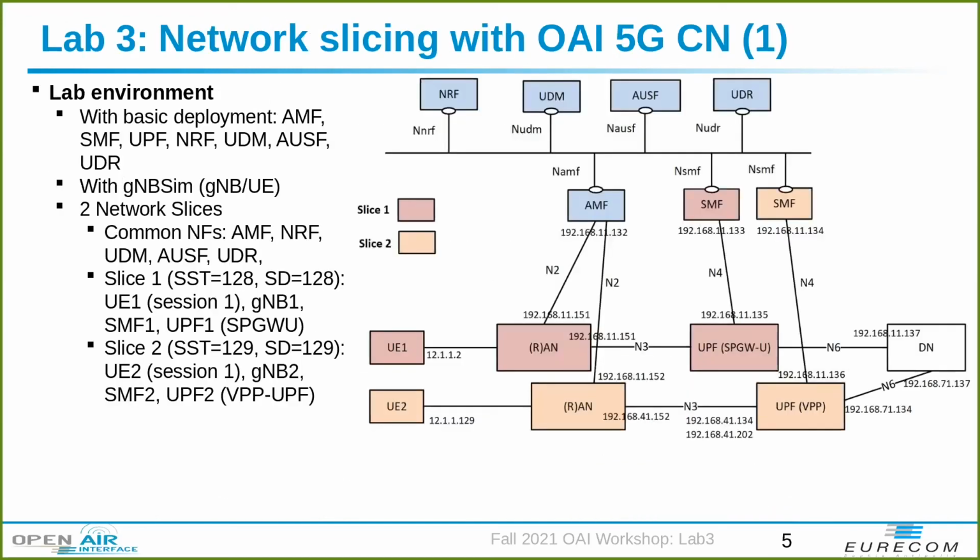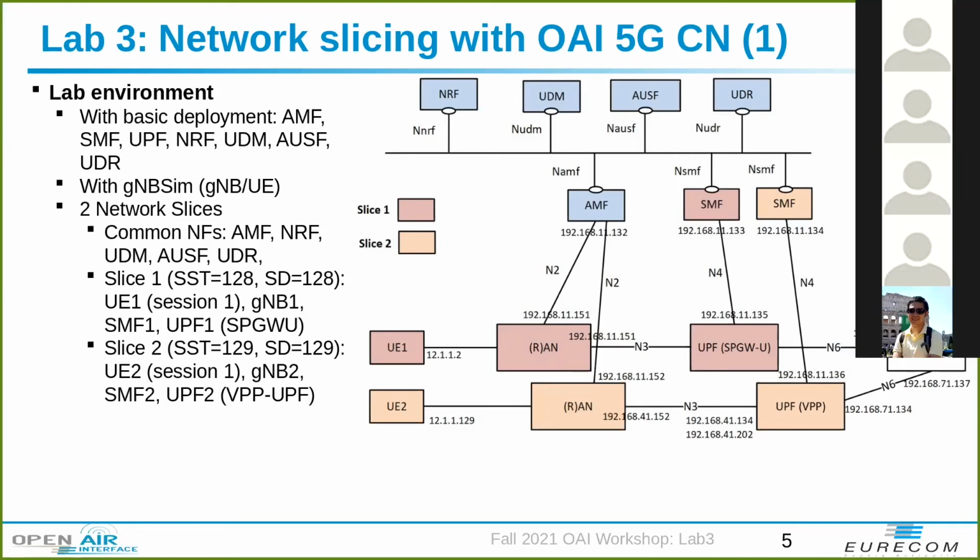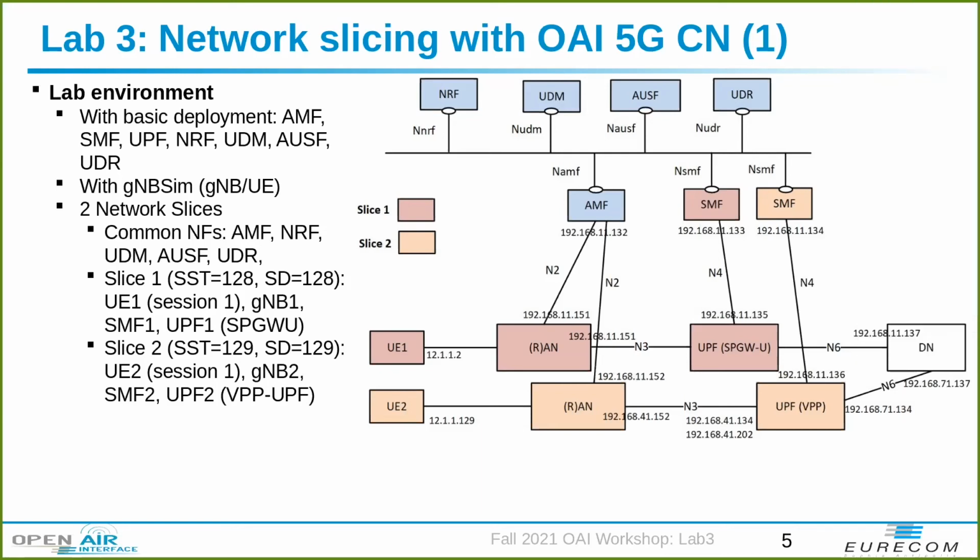In this lab, as a very simple scenario, we will deploy two network slices in which a common AMF and NRF will serve both slices. Due to the limitation of the gNodeB SIM that cannot support multiple UEs with the same gNodeB at the same time, we deploy two different gNodeB instances with two UEs. Each UE will establish one PDU session belonging to two different slices.